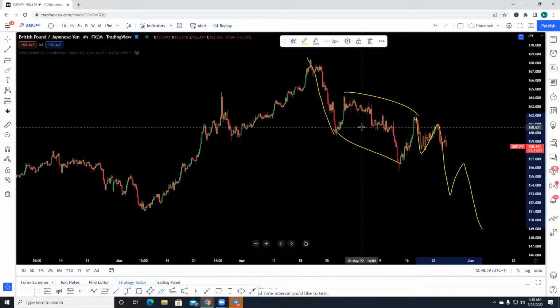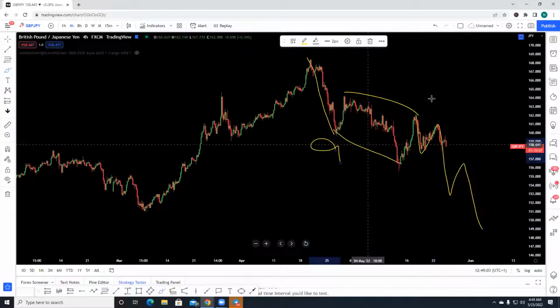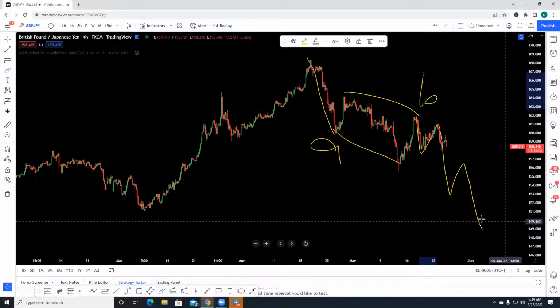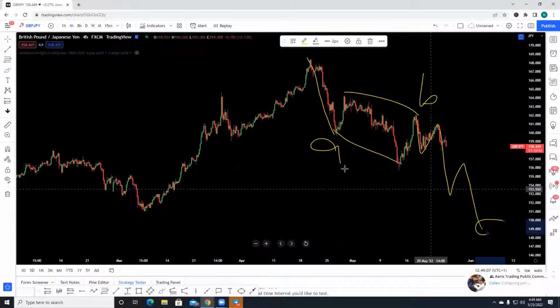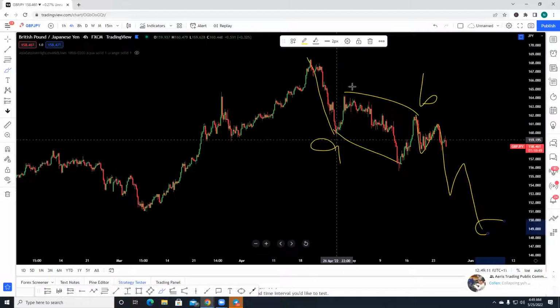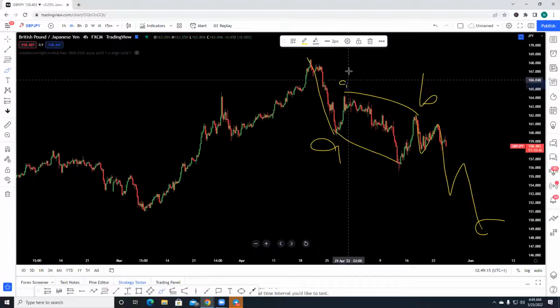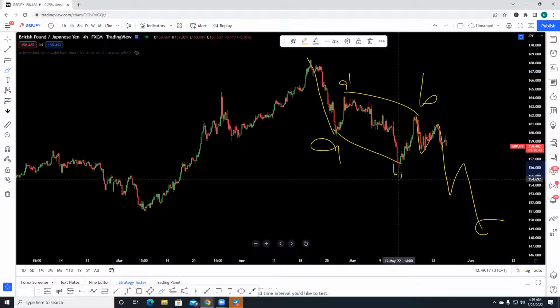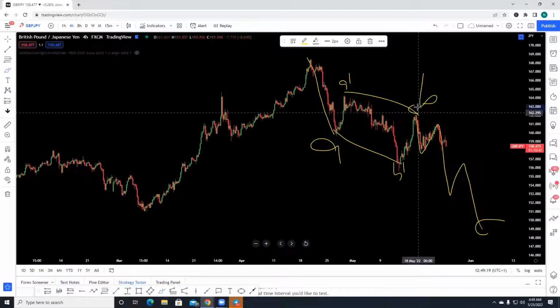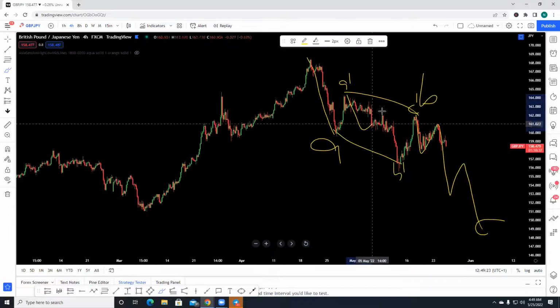This becomes a flat, a three-wave corrective structure in A, in B, and in C. And I told you B is always in three waves, 1, 2, and 3. And inside these three waves, you again have small a, let's say A prime, you have B prime, and you have C prime. Go and check it. This B, you see, is in three waves again, 1, 2, and 3.